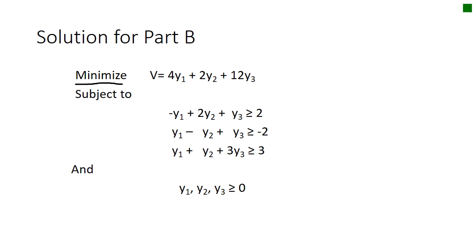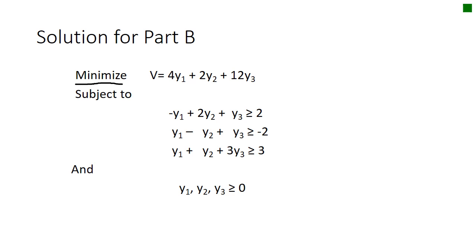We got that right. And once again, instead of saying z for the objective function, we just say v in order to notify the reader that this is a dual problem. And then we said that there were going to be 3 constraints with 3 variables, so we got that right. And it looks like these all check out.